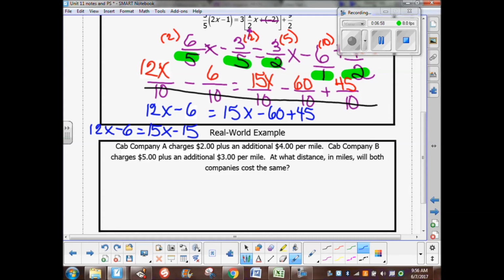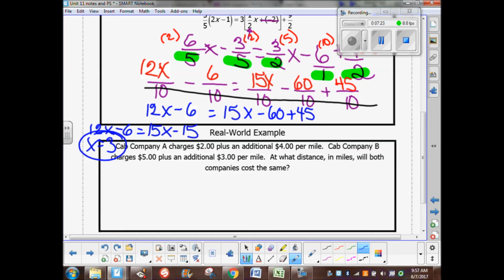I got it. What'd you get, Aiden? X equals 3. Yeah. Okay, x equals 3. So lots to do in there, but we got through it okay.